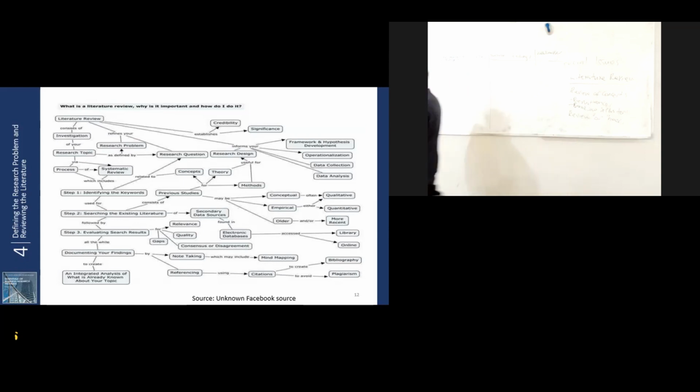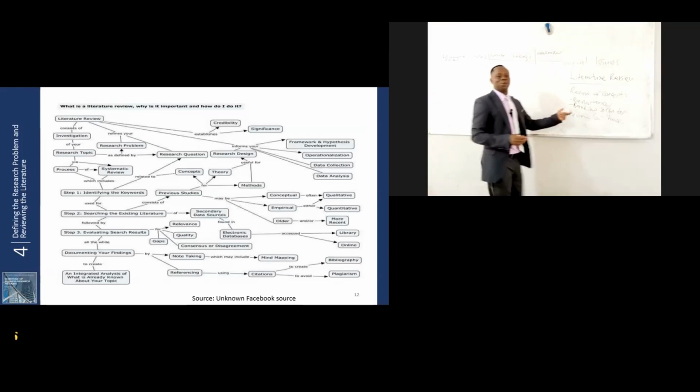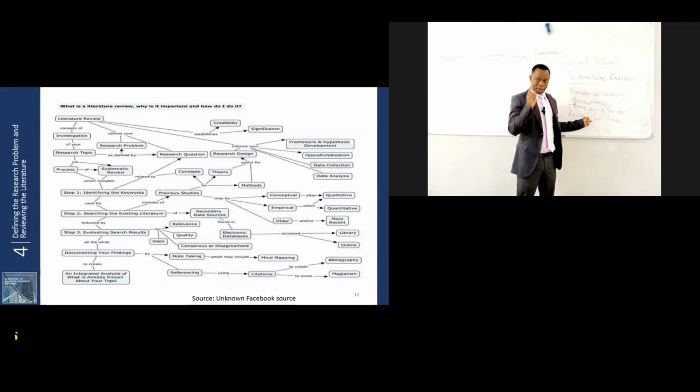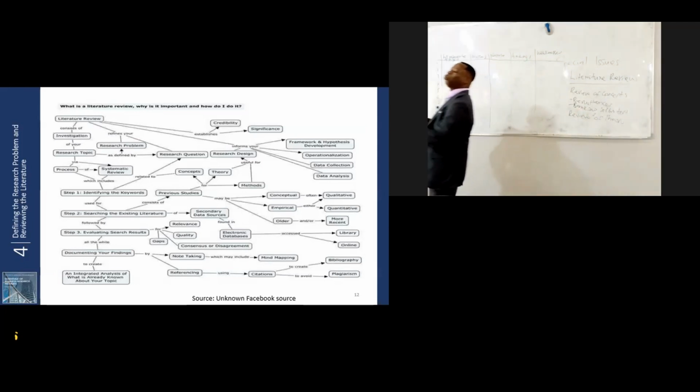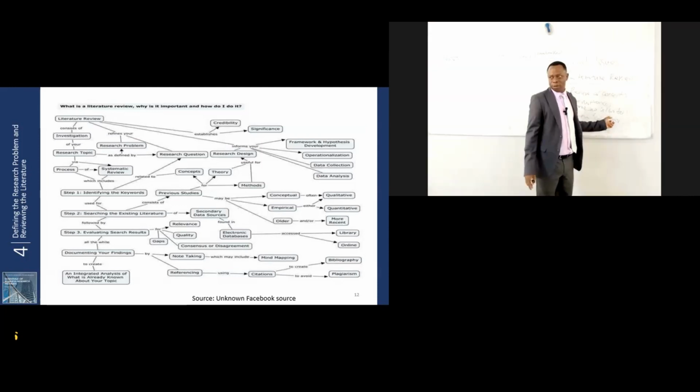Now, review of theory. Here you are going to concentrate on theories that are relevant to what? Your work. Most people make the mistake of wanting to review all the theories in the world. For instance, there are several theories of financial development.